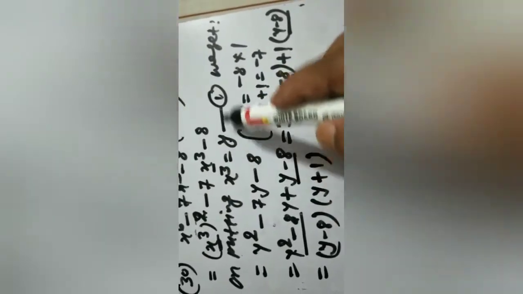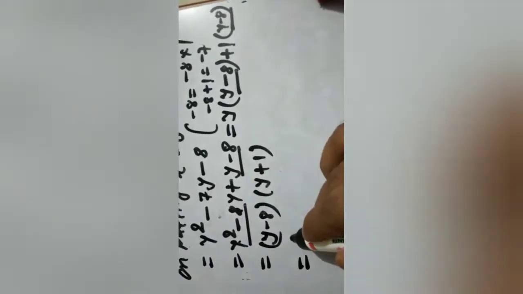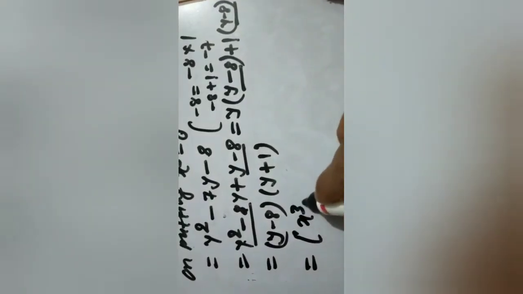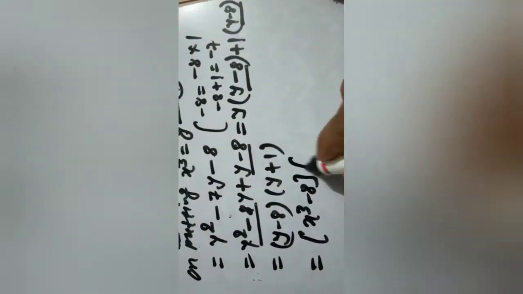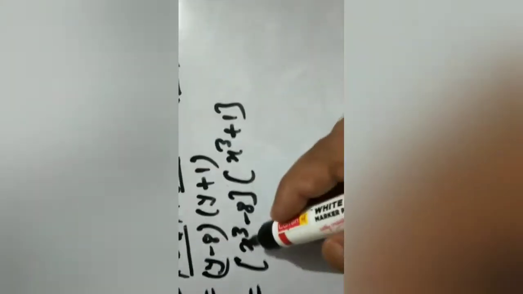Now put the value of y from the first equation. The value of y is x cube, so it will become x cube minus 8, and the second one becomes x cube plus 1. Now it is based on both the identities.